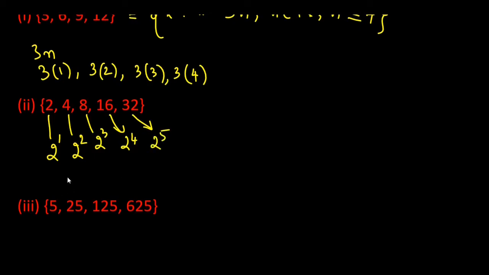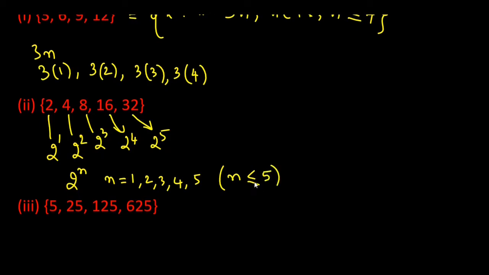So we can write it in general 2 power n. n has values 1, 2, 3, 4, 5. That means n is less than or equal to 5.